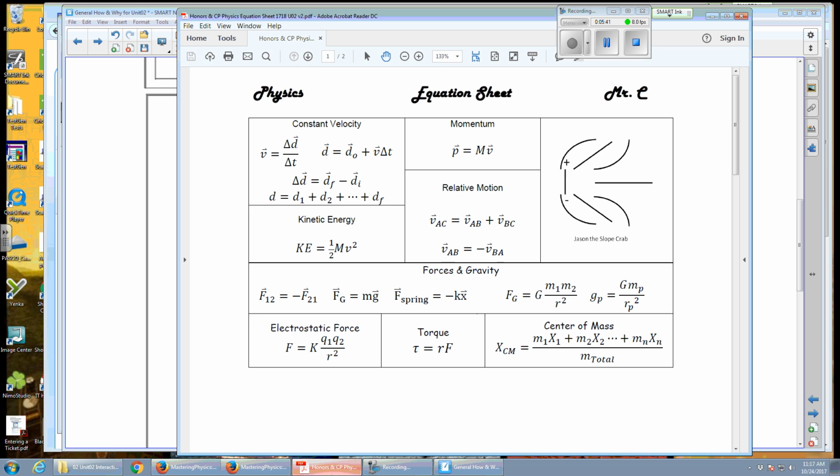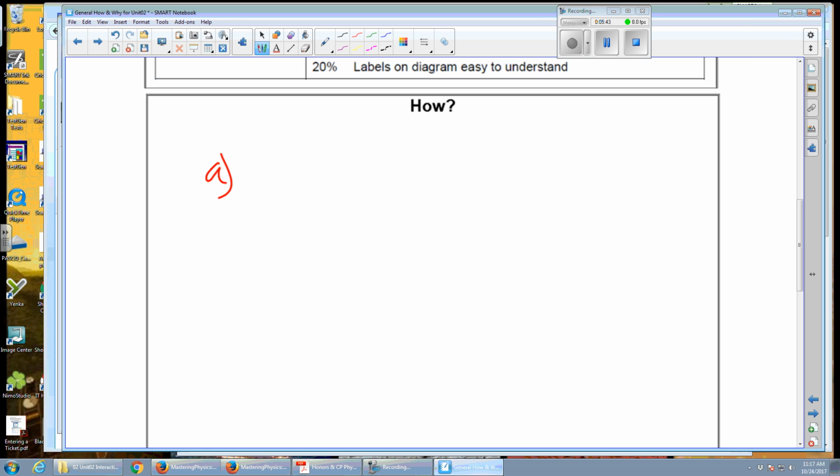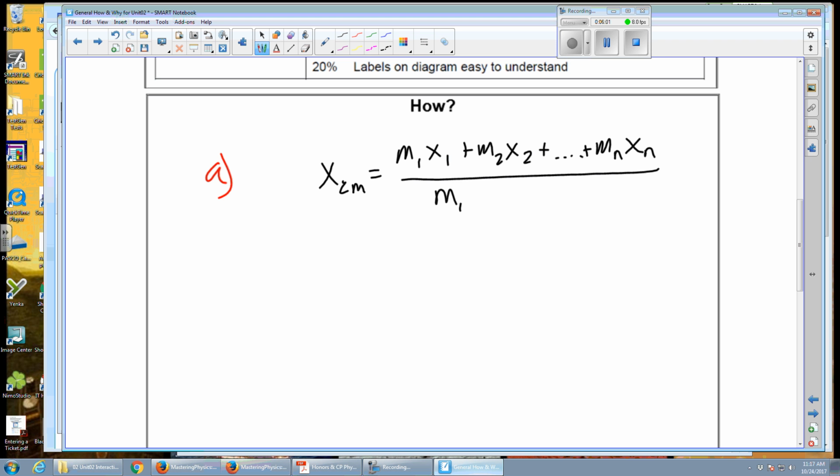So, X_CM equals M1 X1 plus M2 X2 plus dot dot dot plus M_N X_N, over M1 plus M2 plus dot dot dot plus M_N.